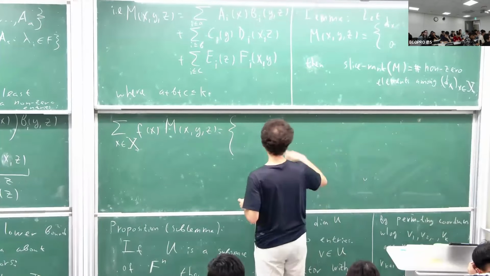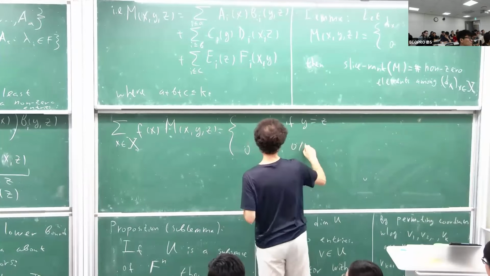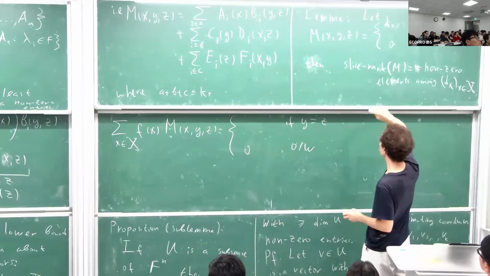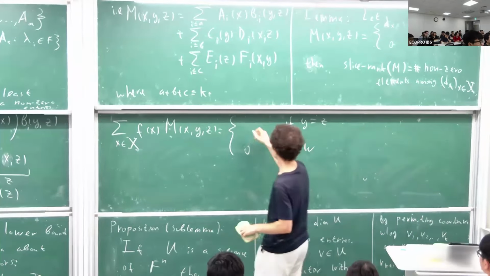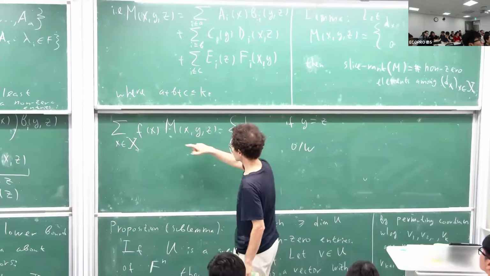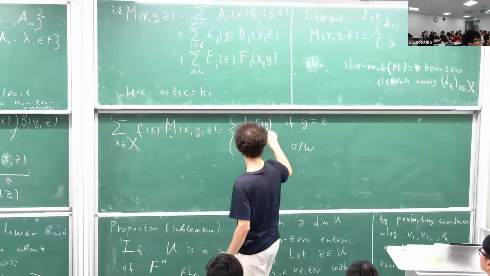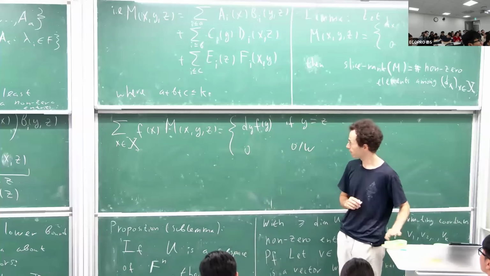What's the term? Well, we're going to get d sub y multiplied by f of y, like this. That's what it is.